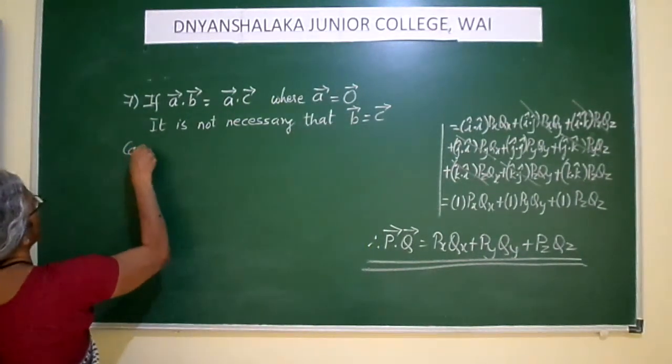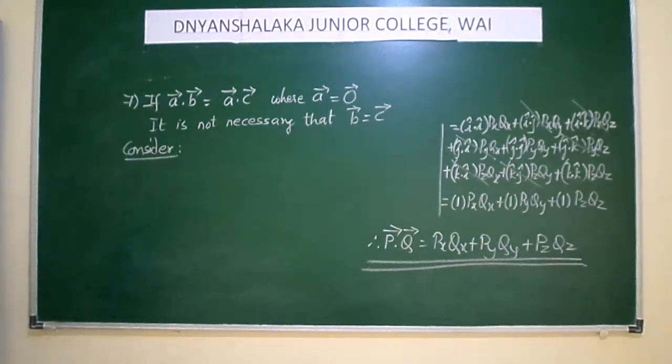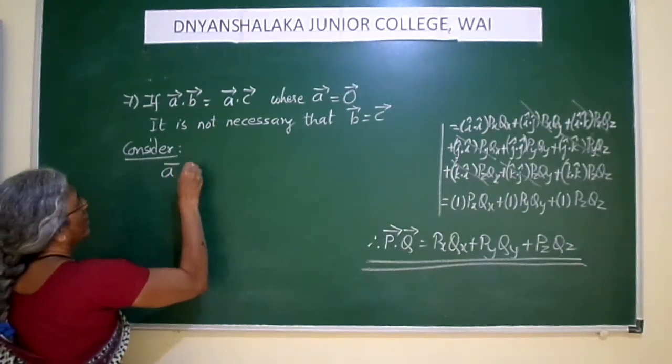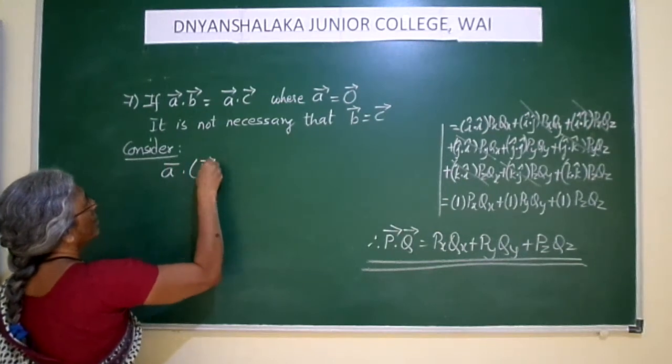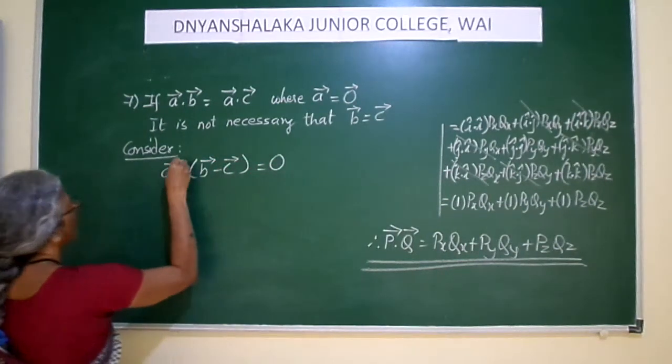Now we'll consider vector A dot vector B minus vector C. This is equal to 0.